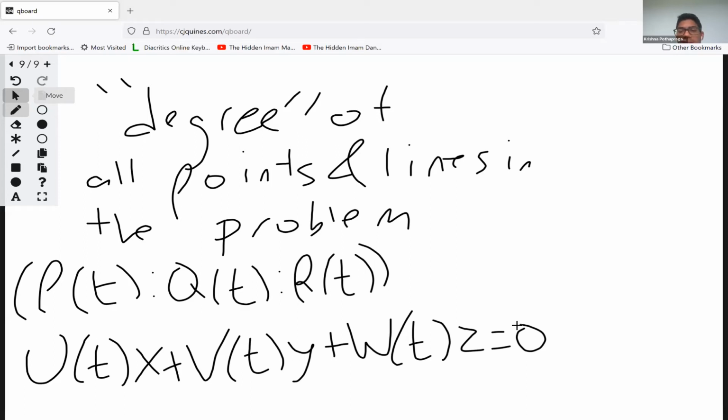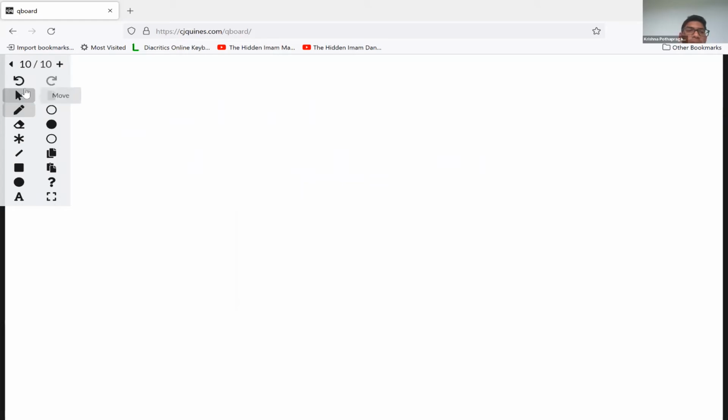And we're also going to impose the condition that p, q, and r, or u, v, and w, are irreducible. So we are eventually going to bound from above the degree of every point and every line, if we can.